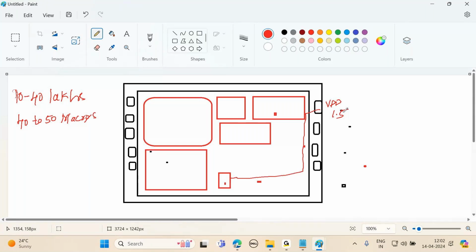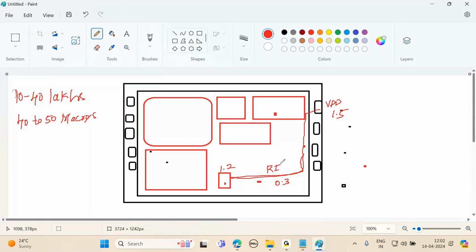Out of 1.5 volts, only 1.2 volts is going to reach my cell. The remaining voltage drop is going to happen on this metal layer. A 0.3 volt drop is going to happen on the metal layer, because the metal layer has resistance. In this metal layer, current is going to flow.